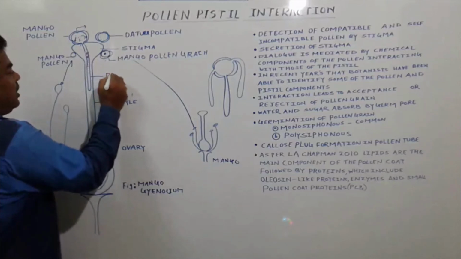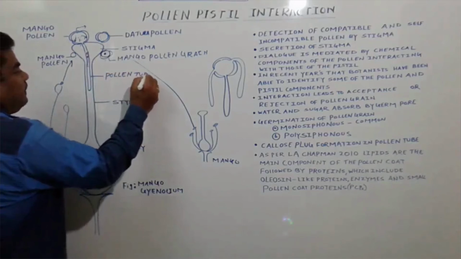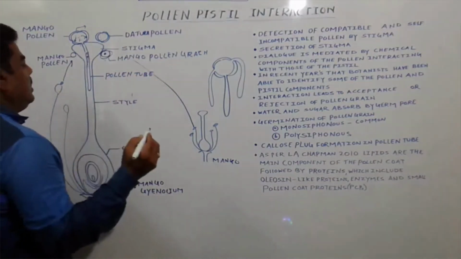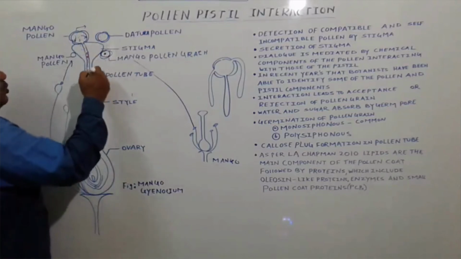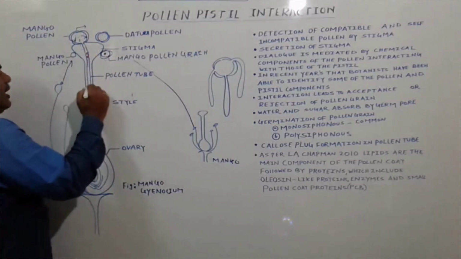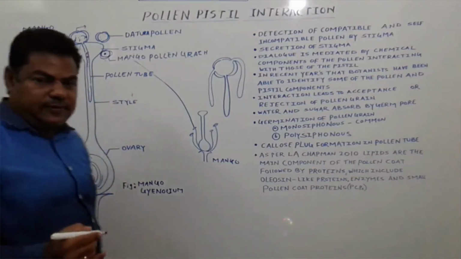This one is the pollen tube like this. In this pollen tube, cytoplasm continuously comes here, and due to hydrostatic pressure the pollen tube again pierces the stylar tissue and moves forward like this.